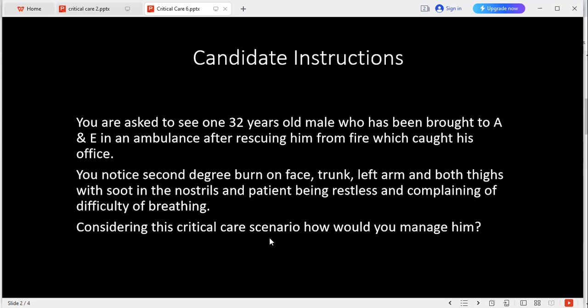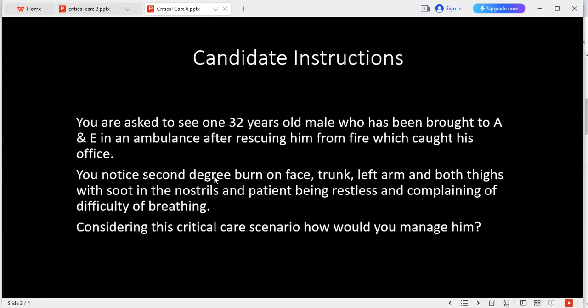What about the depth of burn? How would you assess the depth of the burn? It is divided into superficial and deep burns, and then partial and full thickness burn. Full thickness burn is when it has involved the dermis of the skin.